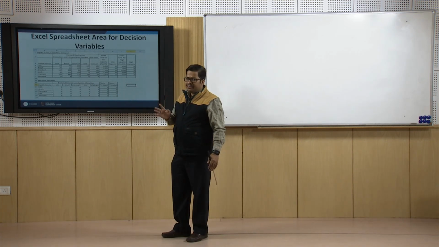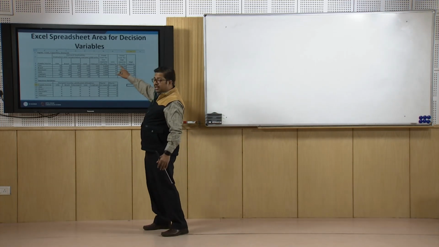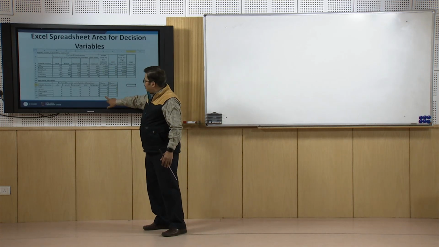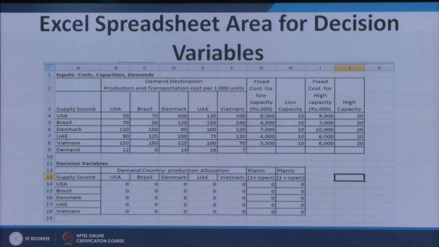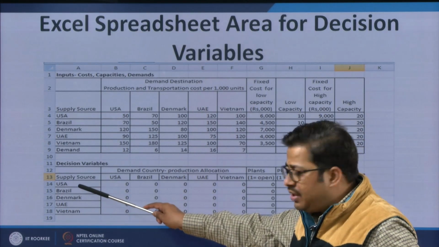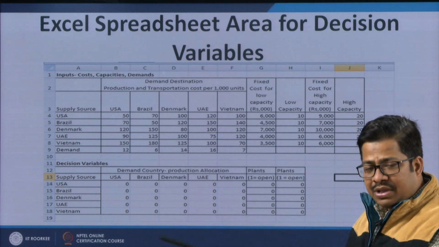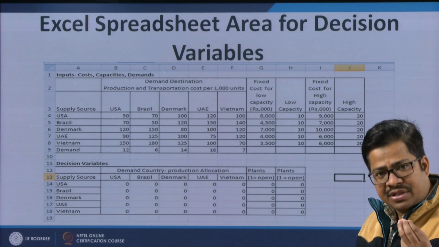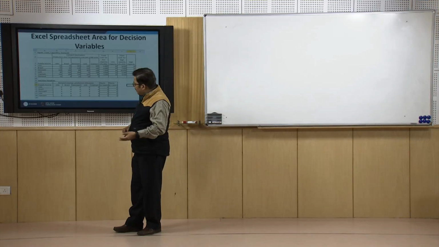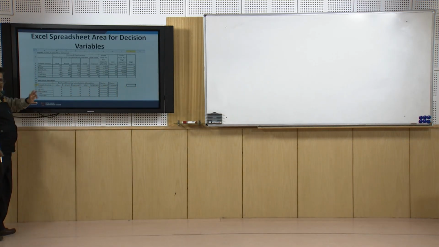There are 3 decision variables: whether to have a low capacity plant, whether to have a high capacity plant, and how many units to be supplied from a particular source to a particular destination. These are 3 types of questions we want to determine, and for that purpose we call them decision variables.